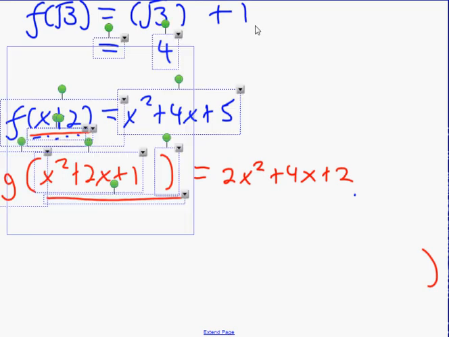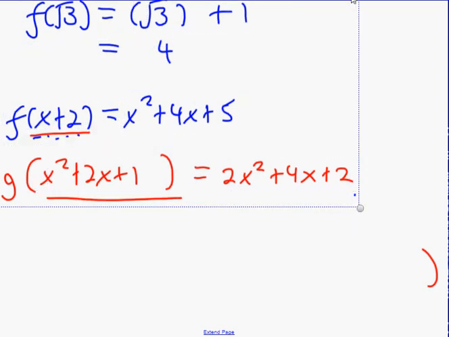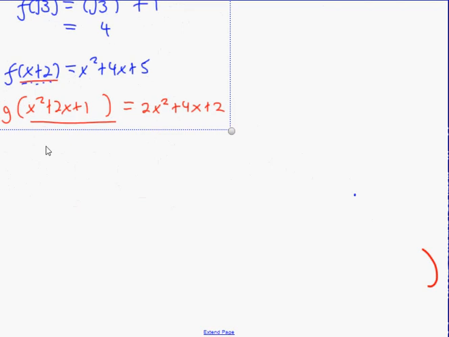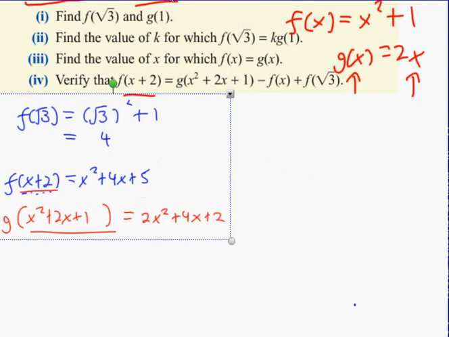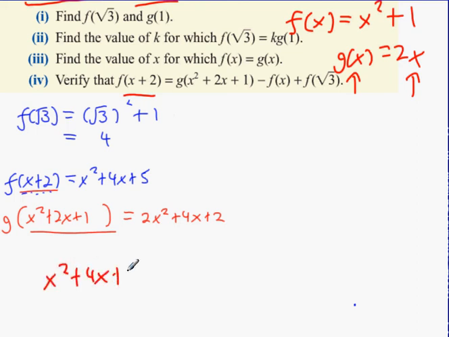So that's our two answers there. And it wants us to put f of x plus 2. What is f of x plus 2 again, guys? And then it says equals. Now it wants the g of x, which is 2x squared plus 4x plus 2.